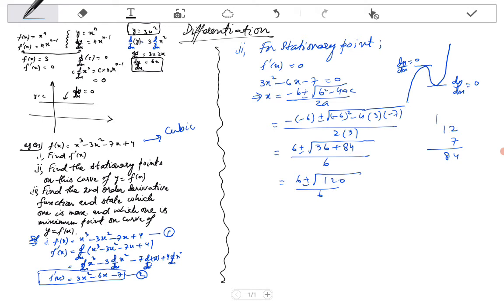Square root of 120 equals 2 root 30, plus 6. So we have two answers, 6 plus 2 root 30 divided by 6 or 6 minus 2 root 30 divided by 6.